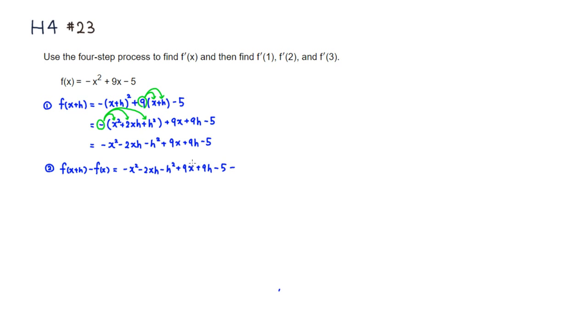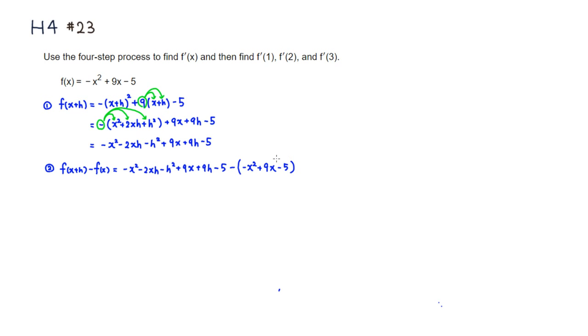Then we have to subtract f of x. f of x is the original function, so I'm going to just put parentheses, negative x squared plus 9x minus 5.